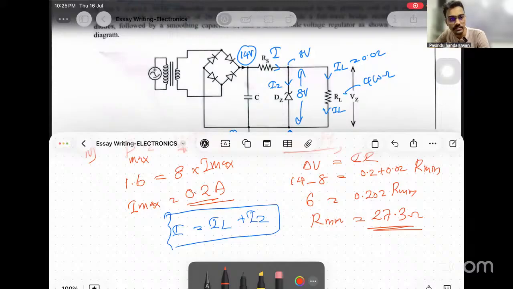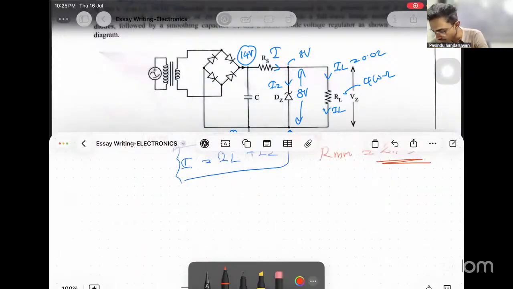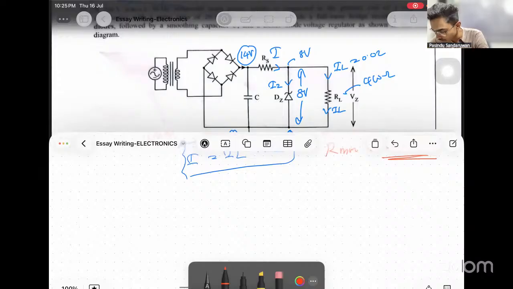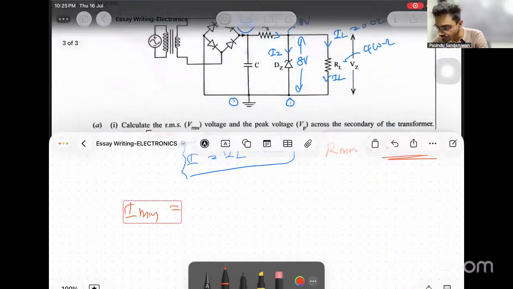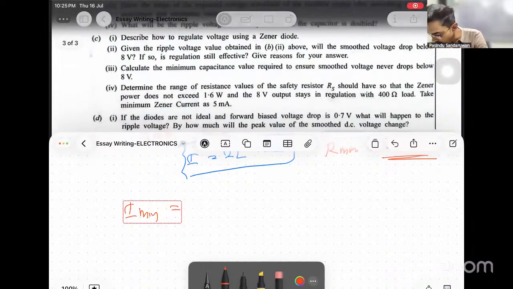Now we need to find the maximum value also. The maximum value occurs when the minimum current flows through the Zener diode. Now I found this I, and now the minimum I is, the minimum current through the Zener diode was given as 5 milliamperes. 5 milli means 0.005.